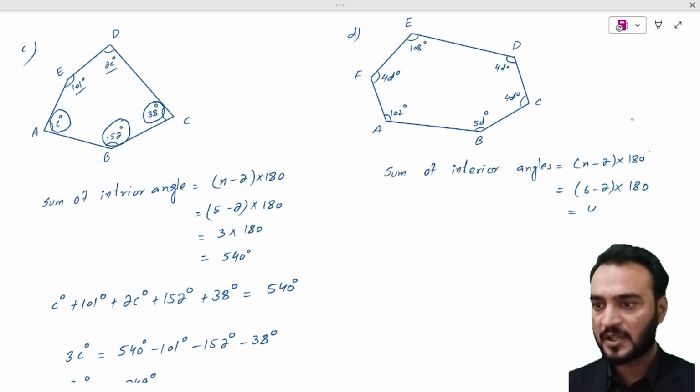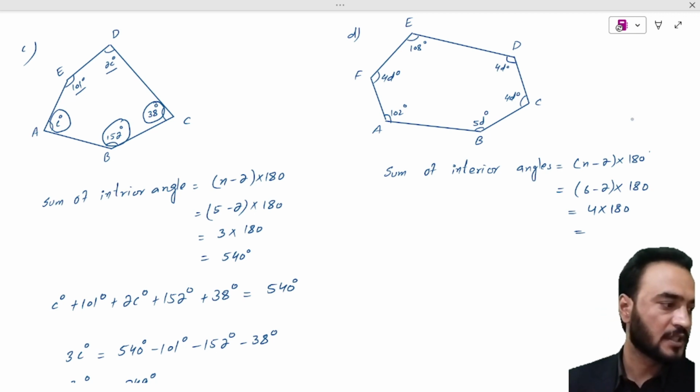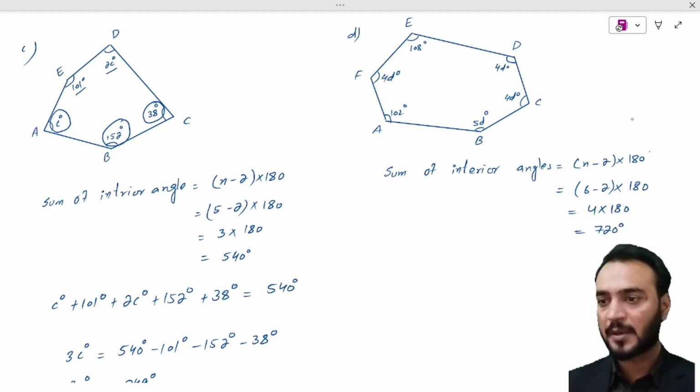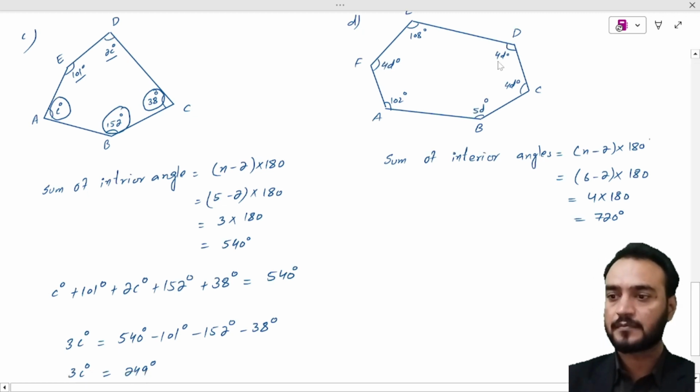Subtracting 2 from 6, we get 4. Multiply by 180 degree. Multiplying 180 by 4, we get the answer, which is equal to 720 degrees. This becomes the sum of interior angles of this hexagon. Now we add the interior angles of this hexagon.